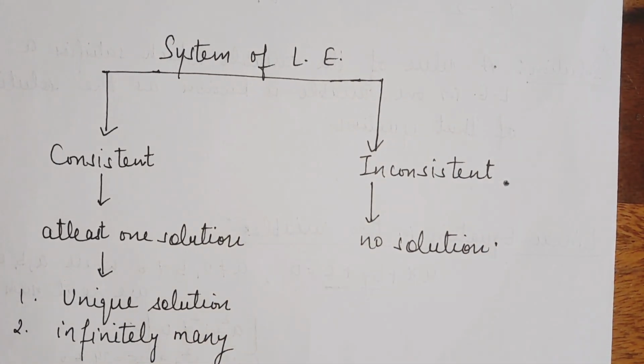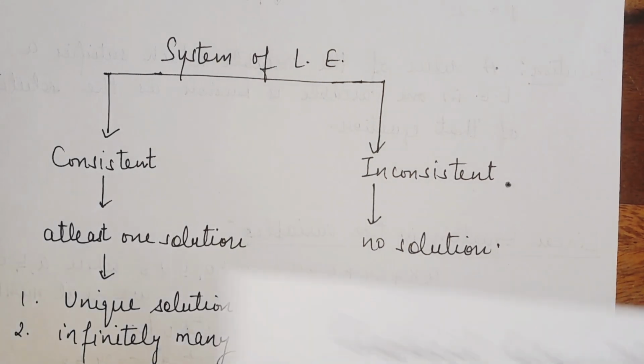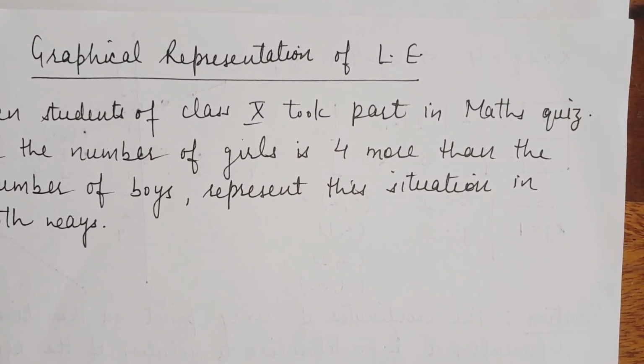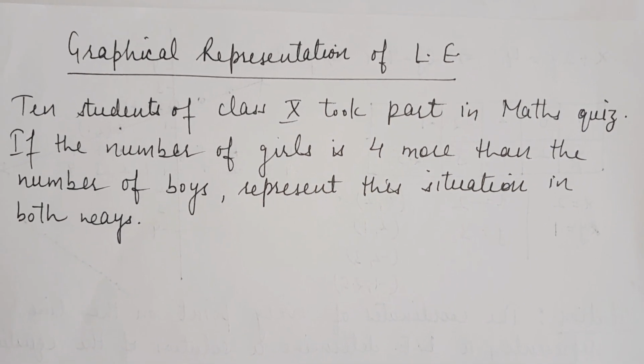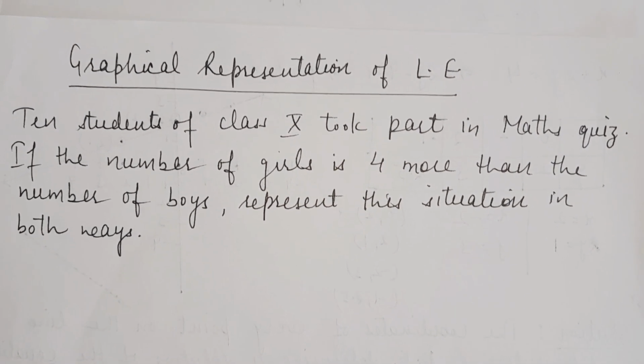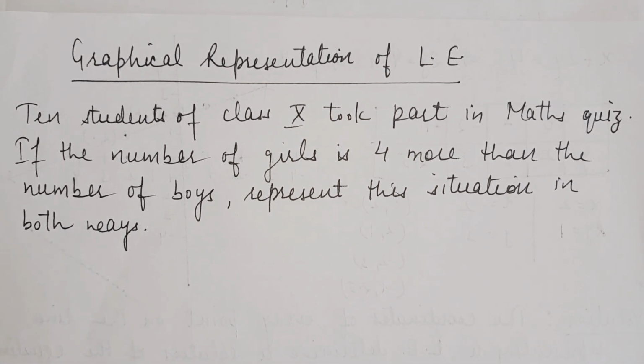Alright, now we will learn the graphical representation of the system of linear equations. I will show you one example. This is the example, graphical representation of linear equations. Basically we are given a practical problem, and first we will convert this problem into an algebraic system.